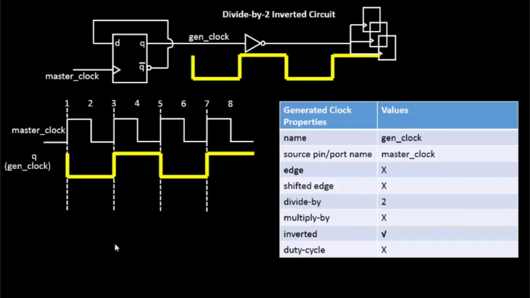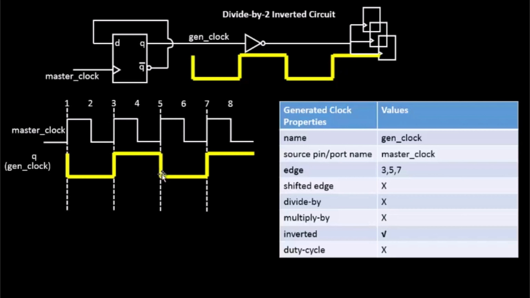Or there is one more way. You can avoid the divide by option, and you can give the edges option. You can give 3, 5, 7. So 3 is the first rise edge of the gen clock. It says that the first rise edge of the gen clock arrives at the third edge of the master clock.